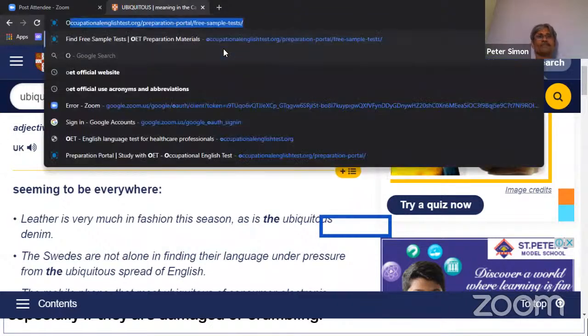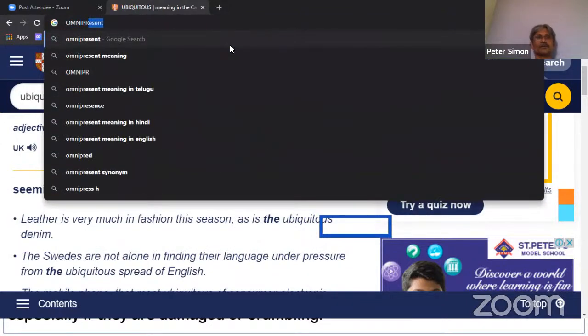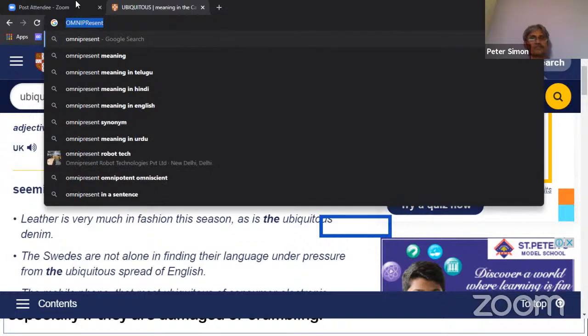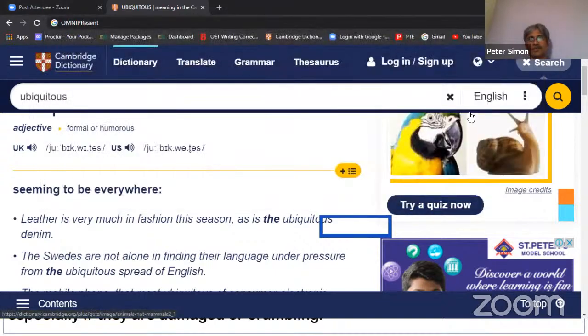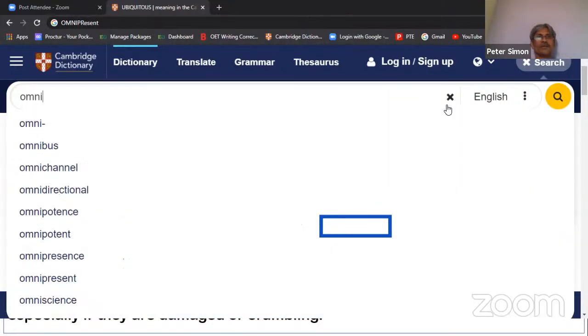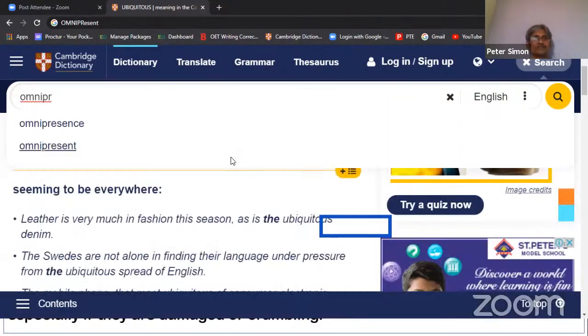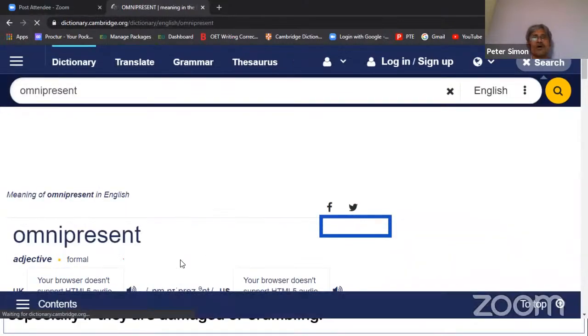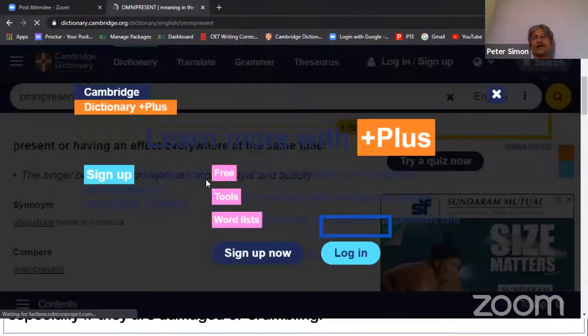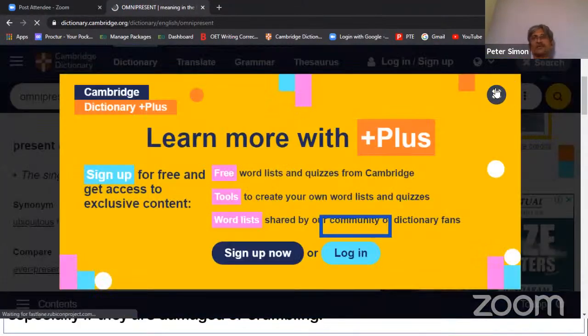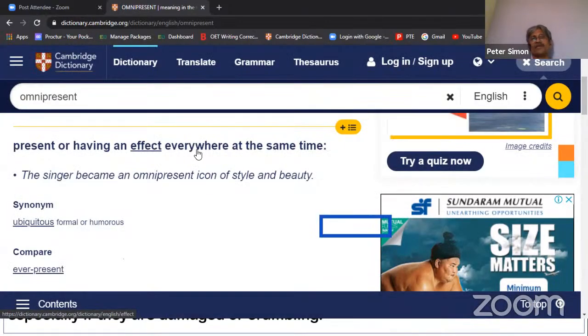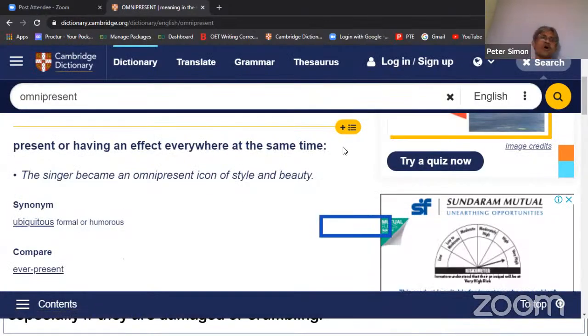So omnipresent, here I have to type. Omnipresent is present or having an effect everywhere at the same time.